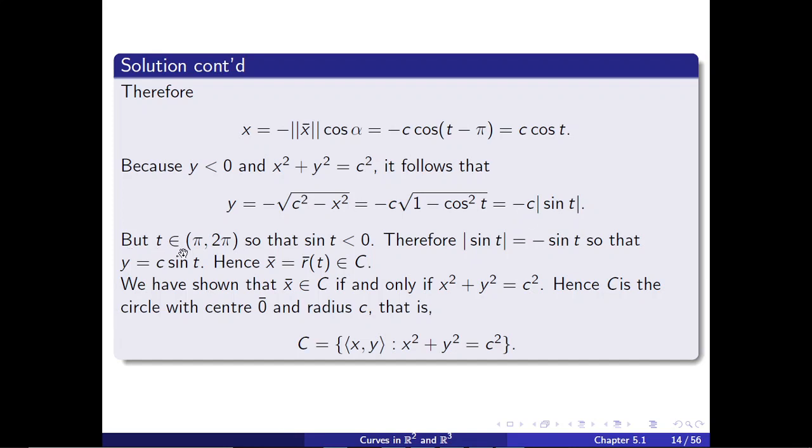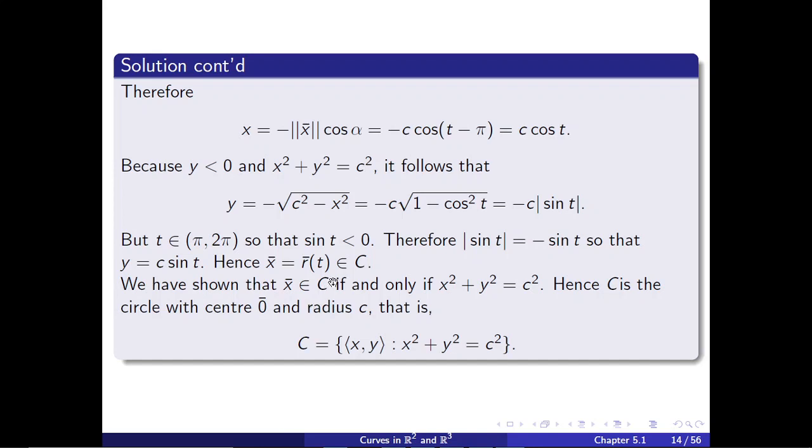But because t is in the third and fourth quadrant, we know that sine t has to be negative. So therefore the absolute value of sine t is equal to minus sine t, so that y is equal to c sine t. So x is equal to c cos t, y is equal to c sine t, so therefore x has to be in c.